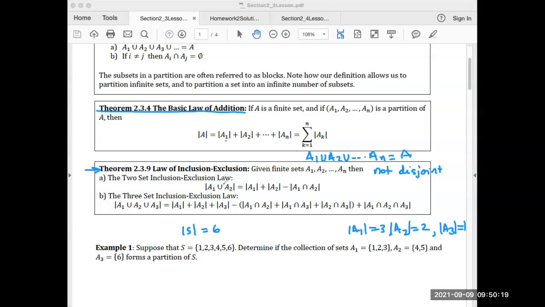Then the cardinality of the union is not just adding the cardinalities of the individual ones, you have to subtract the overlap, okay?